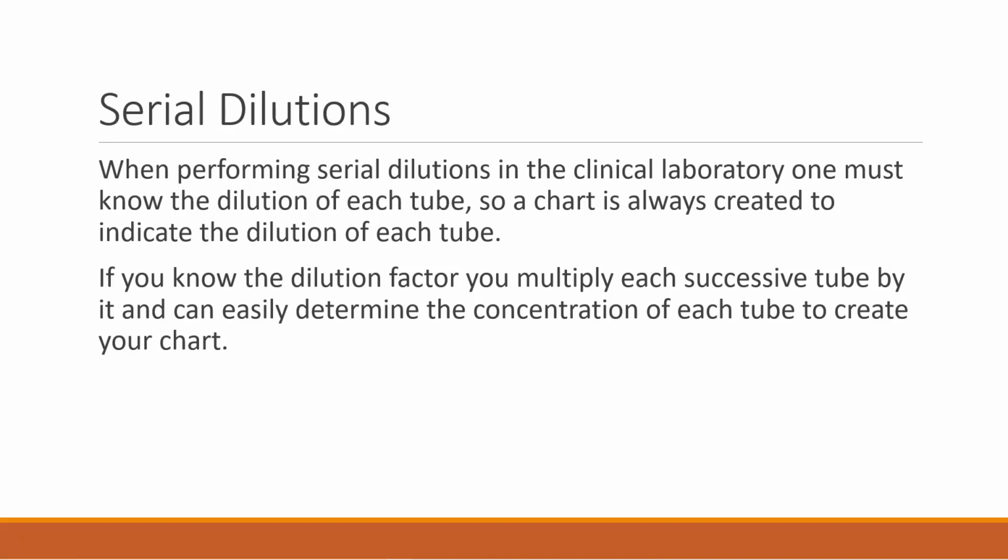So we know that tube 1 is 1 to 2, tube 2 is 1 to 4, and so on. So again, whoever created the chart, you have to know that dilution factor so that you multiply each successive tube by it, and you can easily determine the concentration.